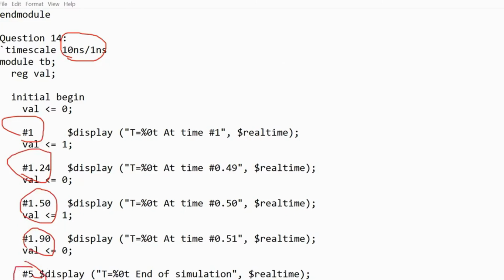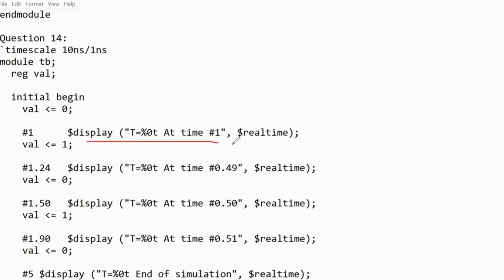Now tell me the answer. First statement, at what time will it be displayed? 10 nanoseconds. Okay. Next, this one. 10 into 1.24, so 10.24? Next will be 10.50.